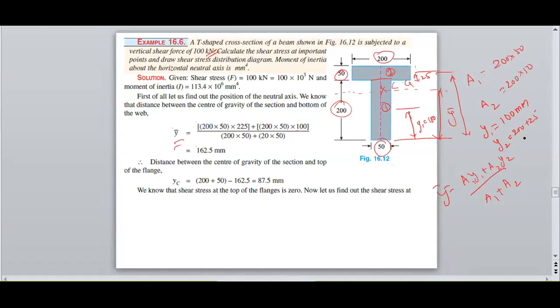So I am getting 225 as the y2 value. Substituting the values, I will get the y bar from the bottom, that is the global centroid, which is nothing but the neutral axis position.